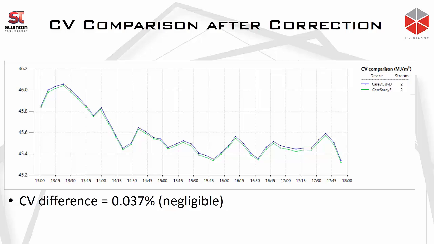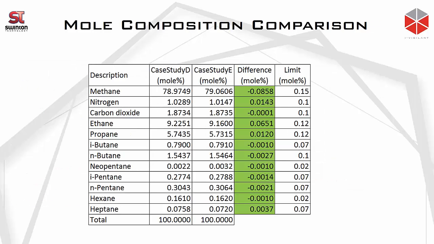However, 0.037% is not really far off from the actual limit of 0.05%. But when we see the actual composition difference between the two results, if we take the average on the next slide, we can see that the difference between GC A and GC B is really, really small.